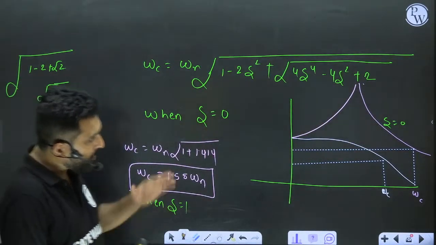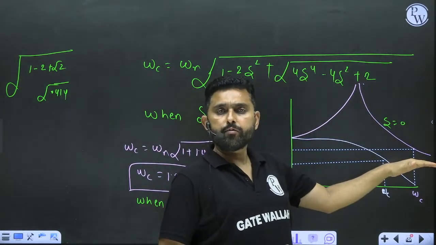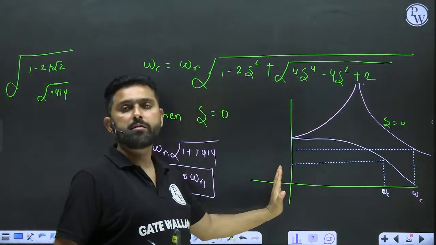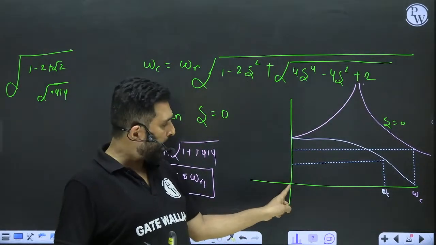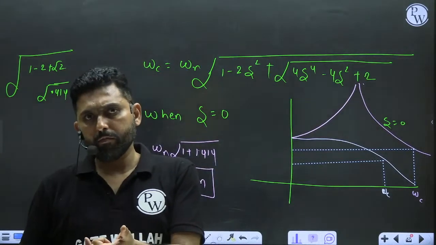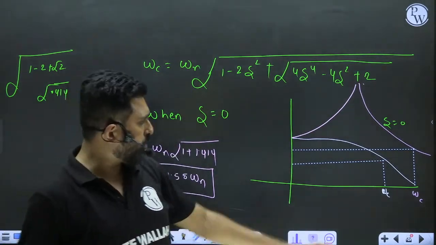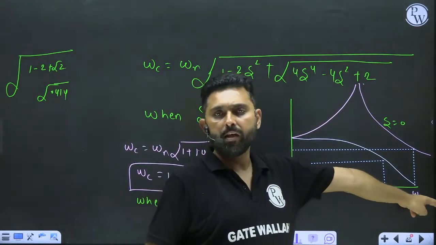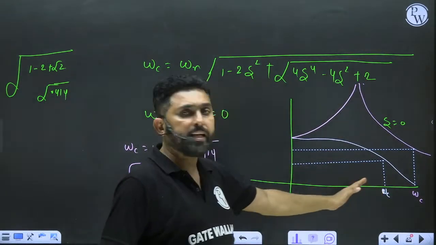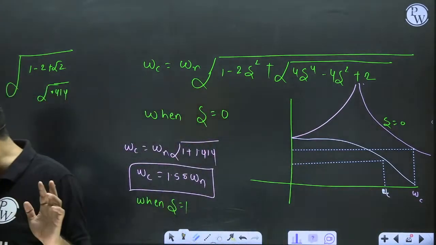So what I want to say is that as you increase the values of zeta from 0 to 1, the bandwidth will shift towards left, means bandwidth is decreasing. Bandwidth will decrease, yes or no? So for zeta is equal to 0, the bandwidth is maximum, 1.55 of omega n. But as you increase zeta, the bandwidth will decrease.